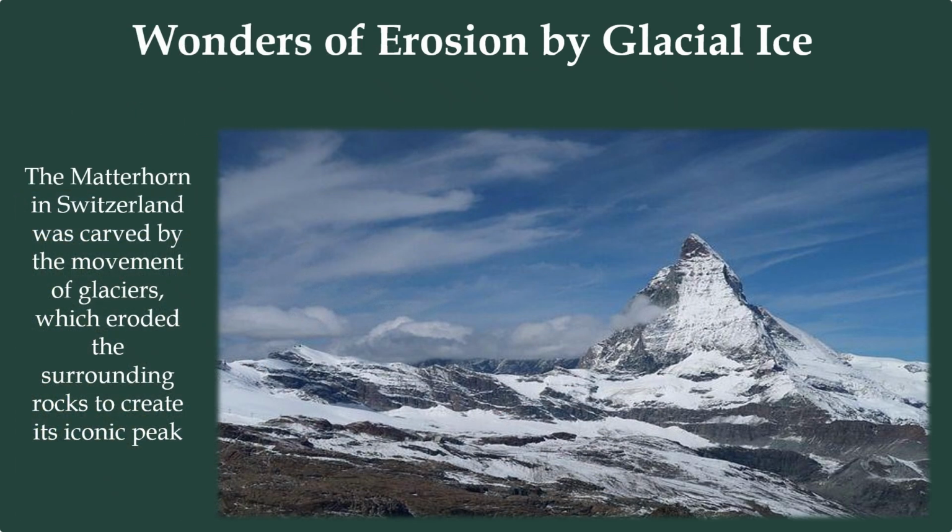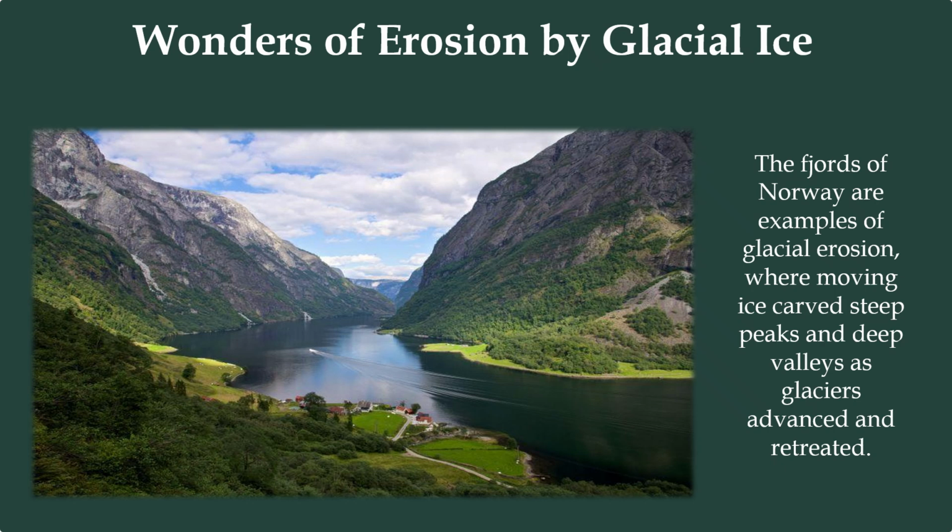The Matterhorn in Switzerland was carved by the movement of glaciers, which eroded the surrounding rocks to create its iconic peak. The fjords of Norway are examples of glacial erosion, where moving ice carved steep peak and deep valleys as glaciers advanced and retreated.